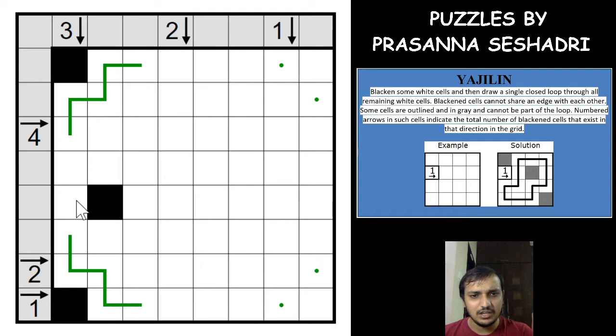If this cell is shaded, we know that this won't be shaded and this has to be shaded, and this cell gets stranded. A loop cannot go inside it, and it has to be part of the loop somehow. So whenever you have one of the 2 cells shaded at an edge, the 2 cells orthogonally adjacent to those 2 cells will always be unshaded.